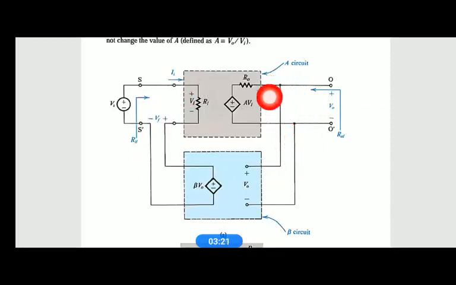Here you can see the input to the feedback network we are taking from the output voltage V0. The output of this feedback network generates the feedback voltage Vf, which is given in series with the applied signal Vs.